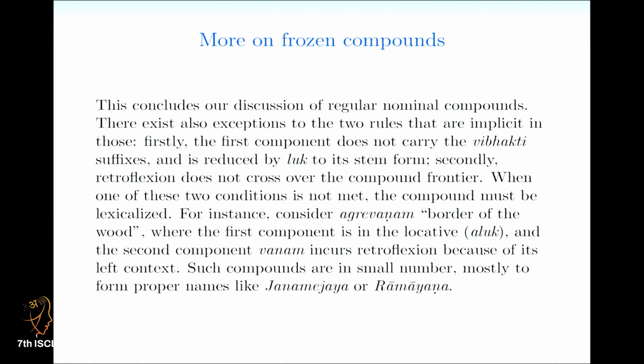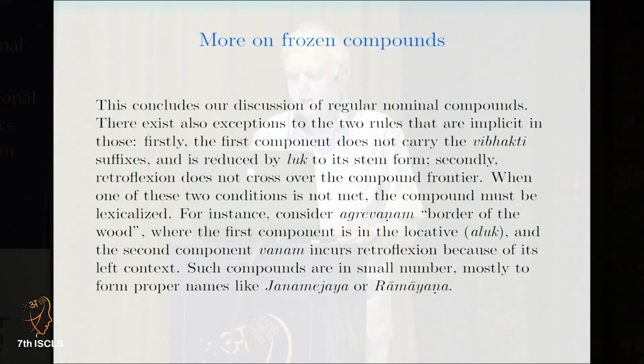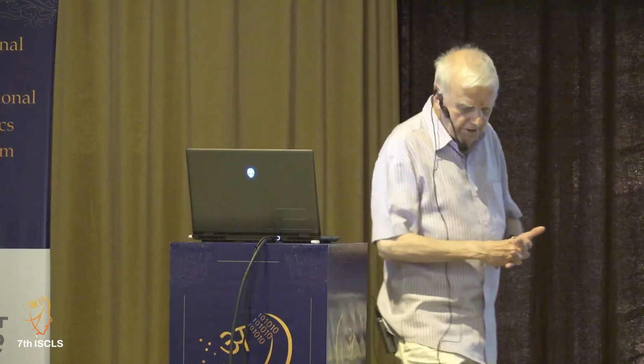Which does not occur, by the way, if you have a son named Rama and you say, I'm going to tell you about the travels of my son. You should not put the retroflexion because the rule is that it does not spill. So it's only a historical remnant for Ramayana and a few proper names.